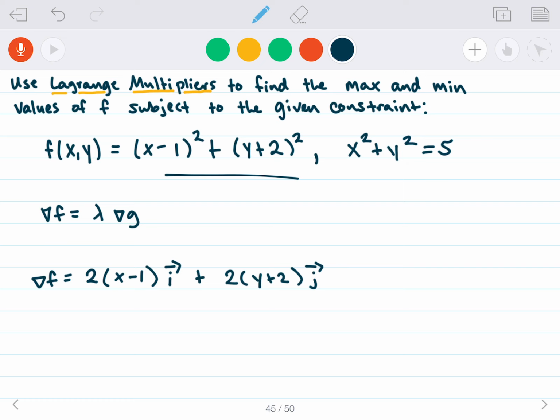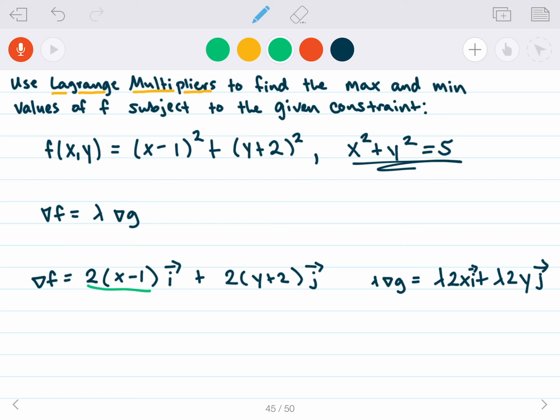Okay, I just took the partial derivatives with respect to x and y. I had to use a chain rule, by the way, both times. And then lambda gradient of g is going to be lambda 2x i plus lambda 2y j. Again, I'm just taking the partials with respect to x and y. Okay, so I'm going to set my respective components equal to each other to get my system of equations.